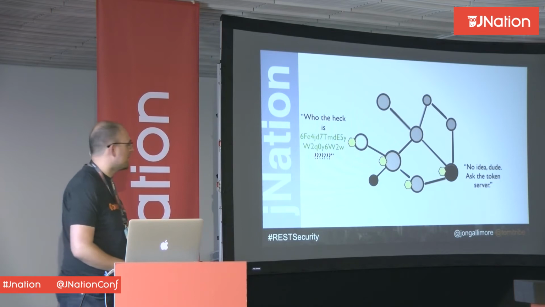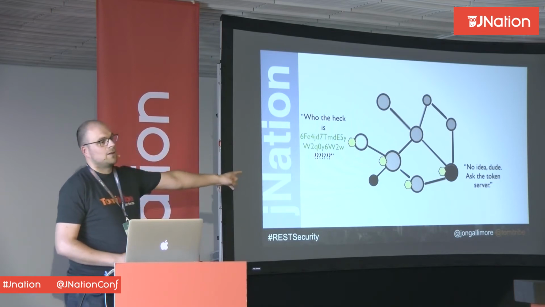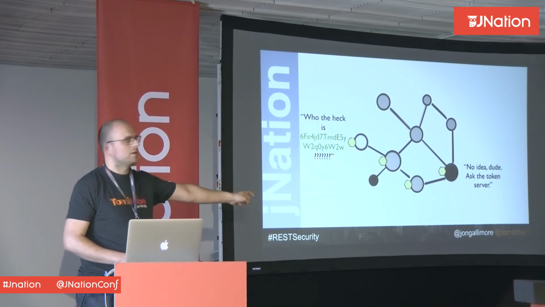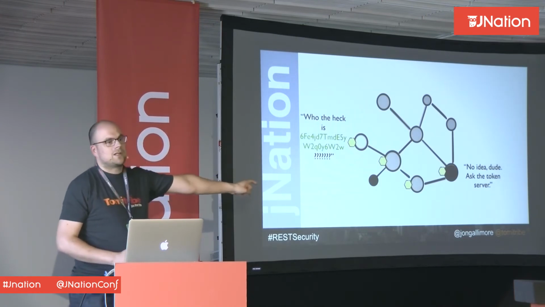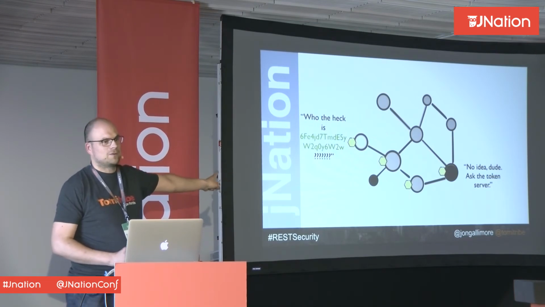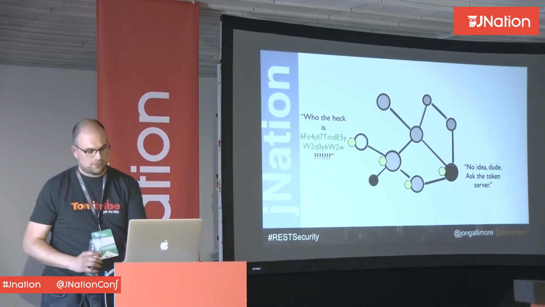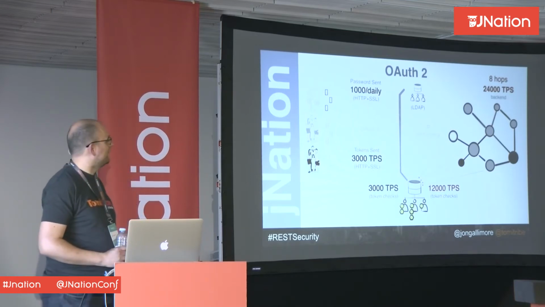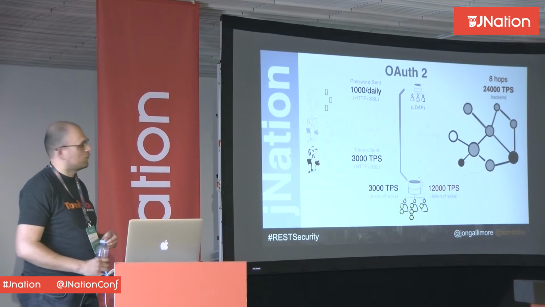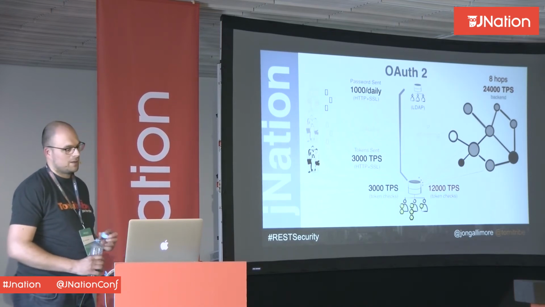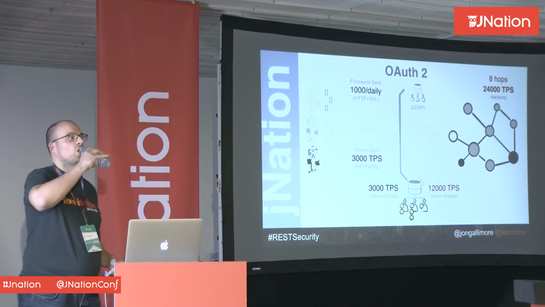So if you actually want to check on the back end who this token belongs to and whether they actually have permission to call the service or not, the back-end service actually needs to make a call to an introspect endpoint on your token server. And so what we actually end up with is 8 hops on our back end and 12,000 TPS in addition to our 3,000 TPS at our token server.